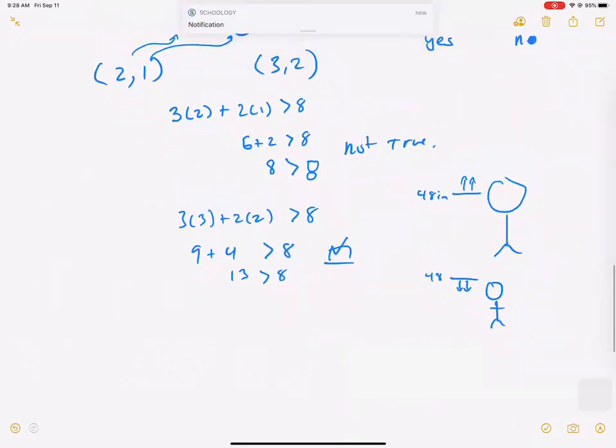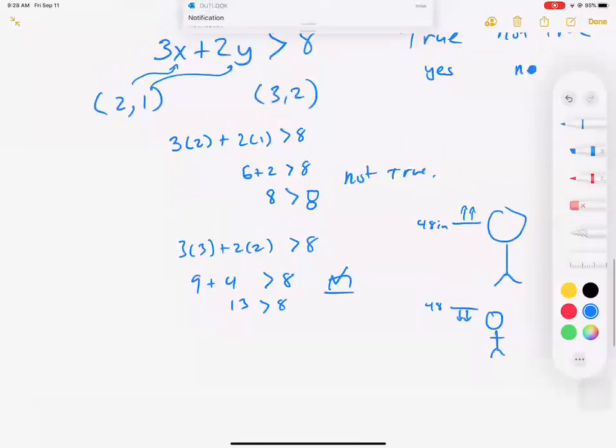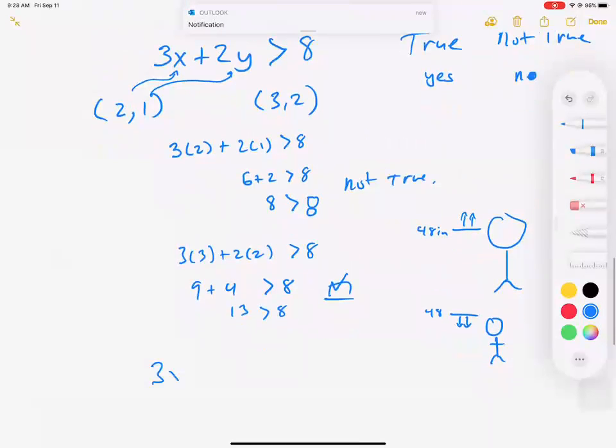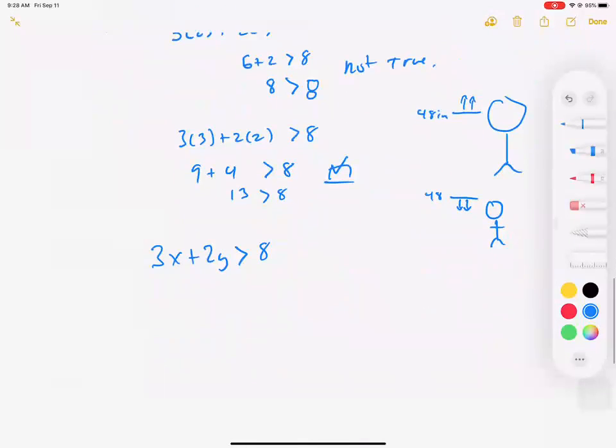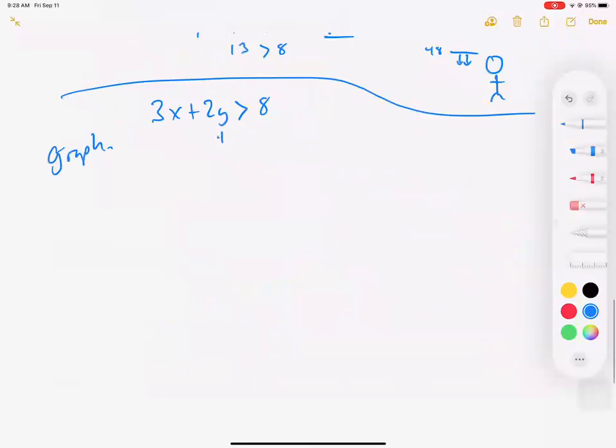The last thing is, I'm going to go ahead and rewrite this equation. So what if I want to graph it? 3x plus 2y greater than 8. To graph any line equation, the easiest way is to just go ahead and solve for y.